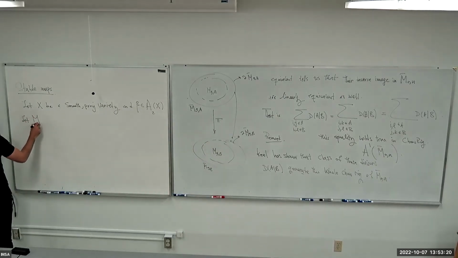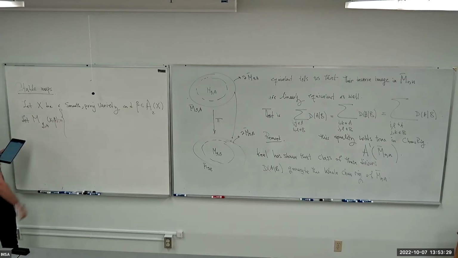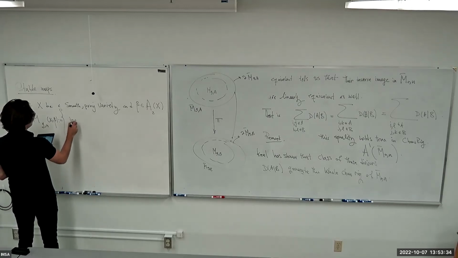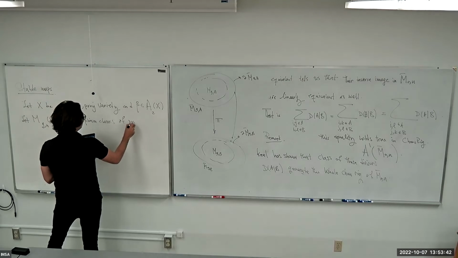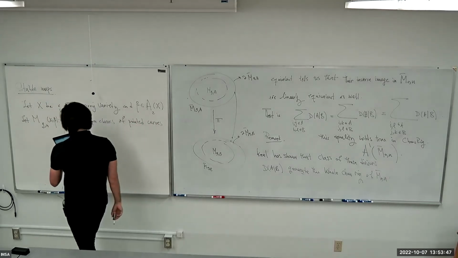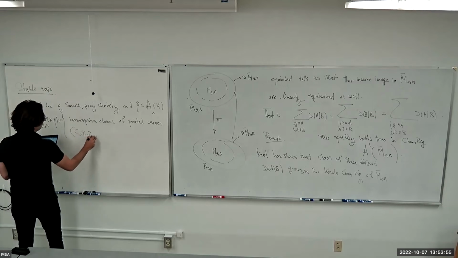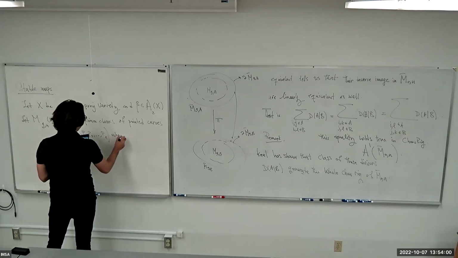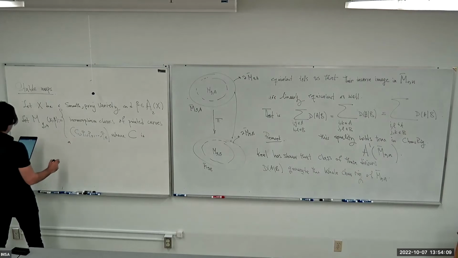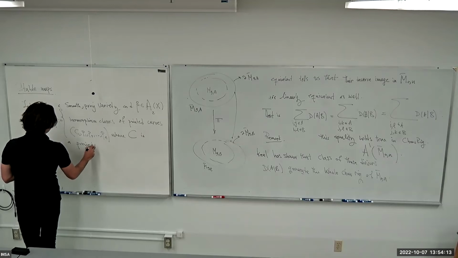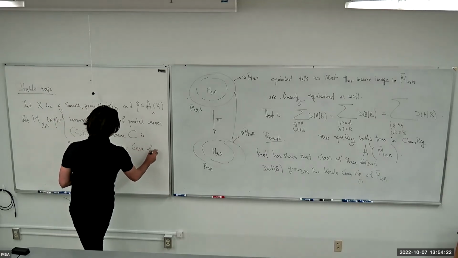Let M_{g,n}(X, beta) denote the following: a set of isomorphism classes of pointed curves C, P1, P2 up to Pn, where C is a projective non-singular curve of genus g.